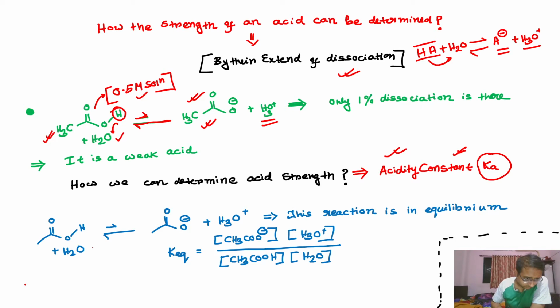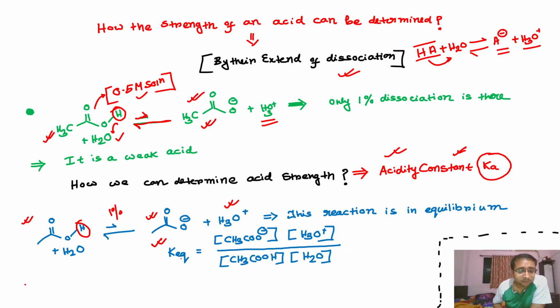Let's understand this acidity constant by this reaction. Same reaction: acetic acid in aqueous medium, only 1% in the dissociated state, that is acetate anion, and the water molecule accepts the proton and becomes hydronium ion. When the reaction is in the equilibrium state, there must be some equilibrium constant, denoted by K equilibrium.